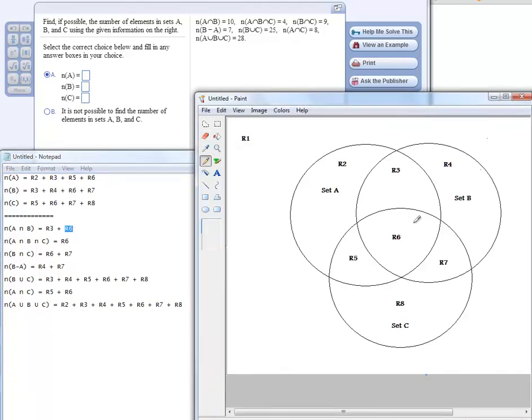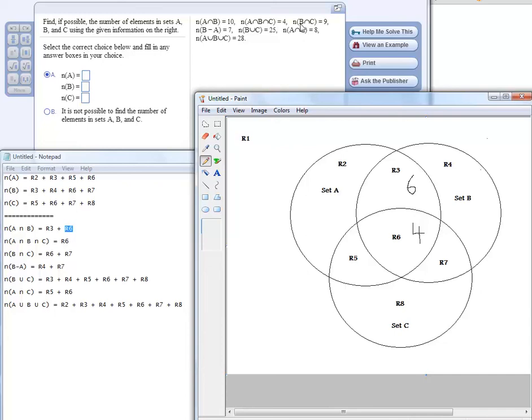Let me see if I can draw this. Remember, I'm doing this with a mouse here. So R6 contains 4 elements, but we already know that R3 plus R6 equals 10. And so R3 is going to have 6 elements in it. Let's look around and see if we have any more of these two set intersections.